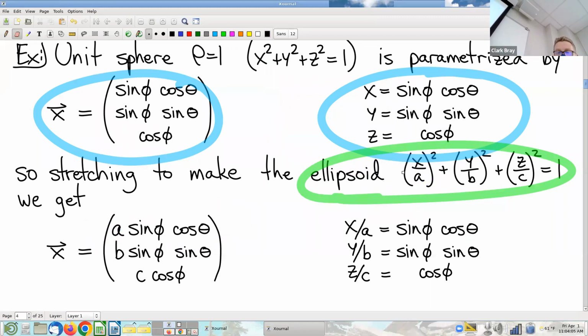And similarly, the Y gets stretched by a factor of B. Now my Y coordinate is B times as big as it used to be.